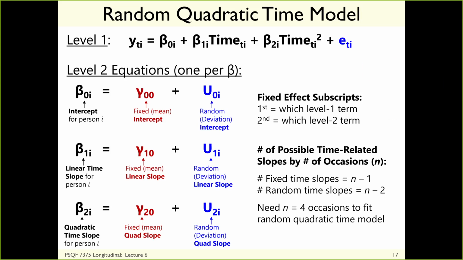Something about them, something that's constant to a person. Why do some people initially grow more? Why are they more, say, initially responsive to the intervention? I don't know, something about them. Why do they accelerate in their change more or slow down in their change more? I don't know, something about them.